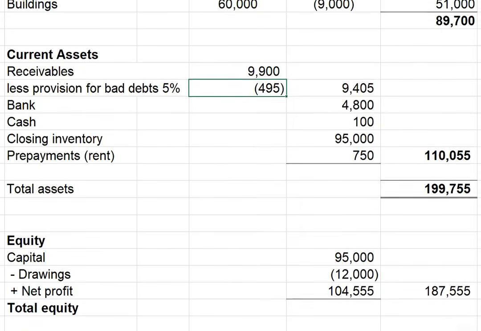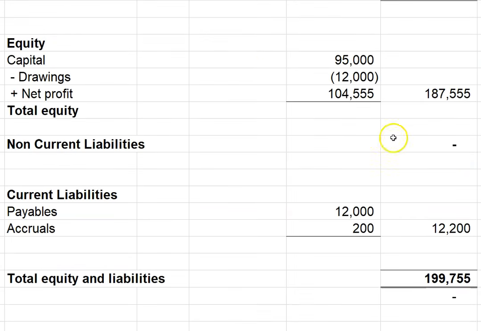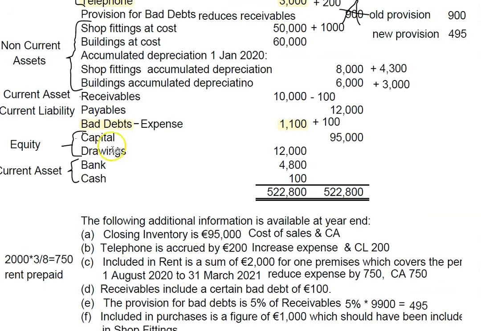So our equity. This section tells us where we got the money to have those resources or assets. Equity is always these three things: capital minus drawings plus profits or less losses. Sometimes they're called reserves. So capital and drawings is from the question: capital 95,000, drawings 12,000.